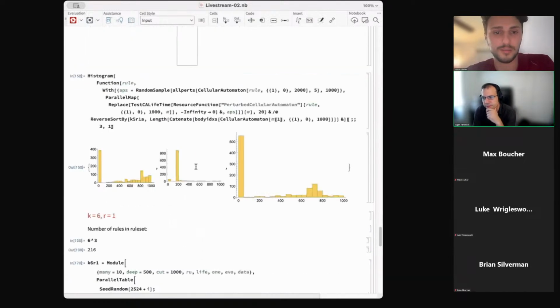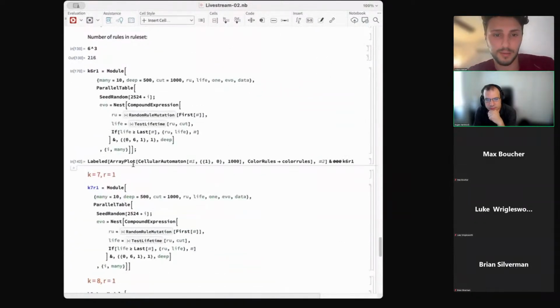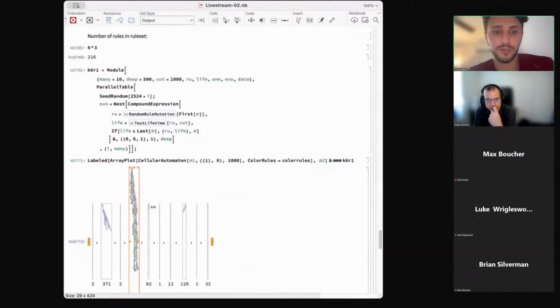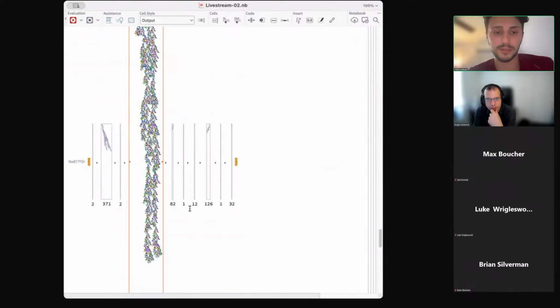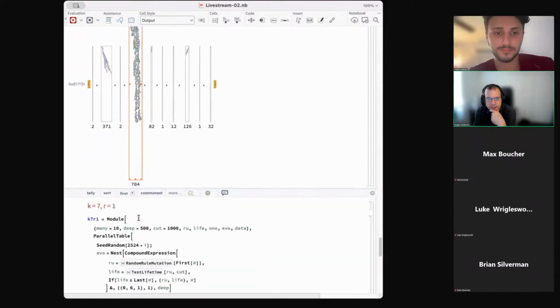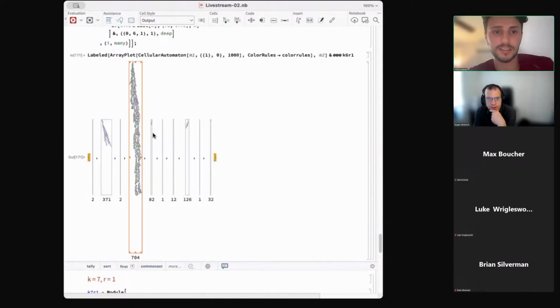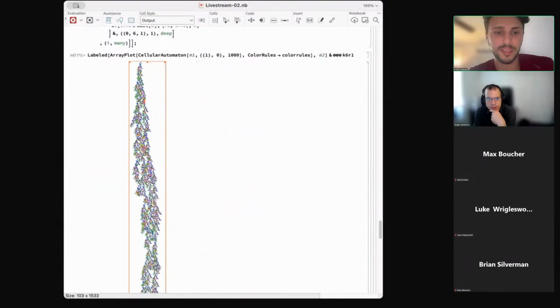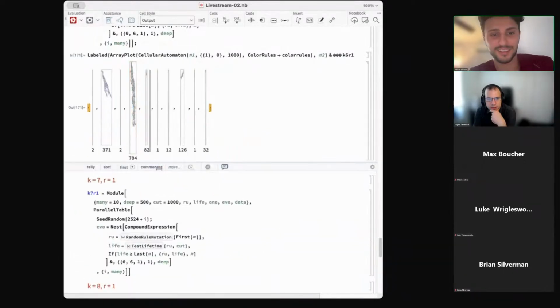So this is just finding one that has a good behavior. It's just evolving for maximum length up to 1,000. I see. Yeah, so these are the ones that we got. I like the blue.